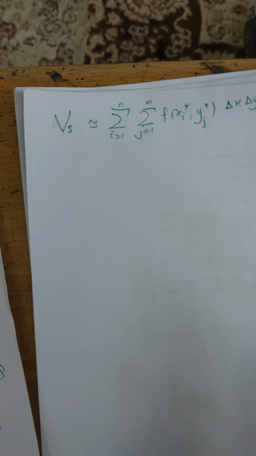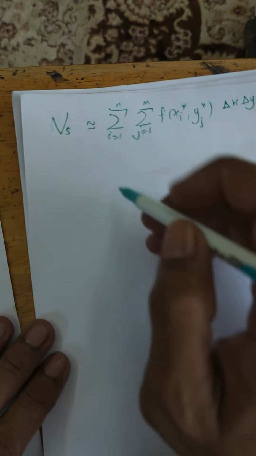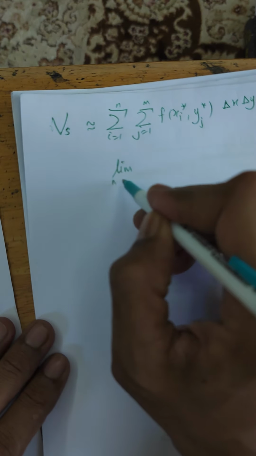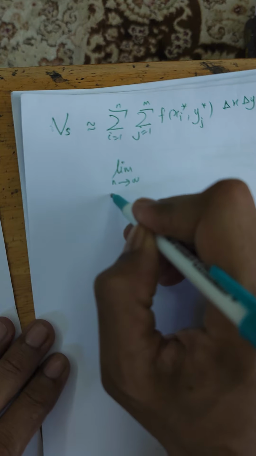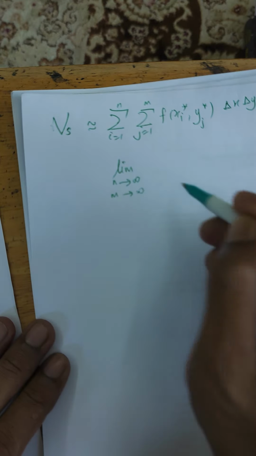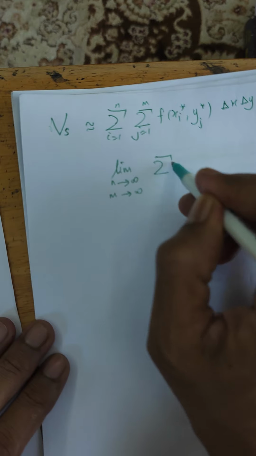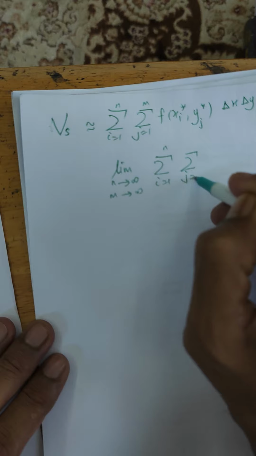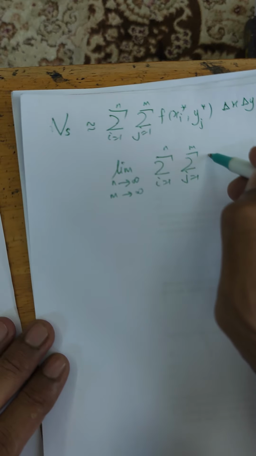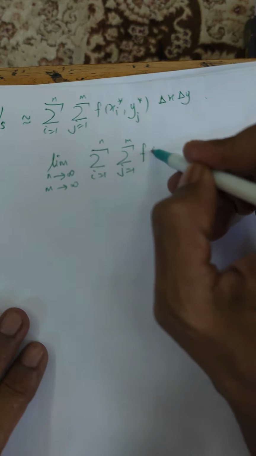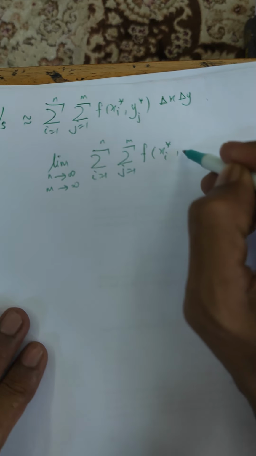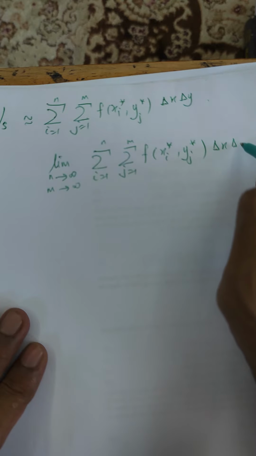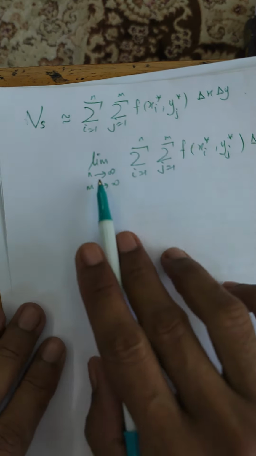Now we do the same here. If we take the limits, where n goes to infinity and m goes to infinity, and then sum up i from 1 to n, j from 1 to m, of f(xi star, yj star) delta x delta y, you take the limit.